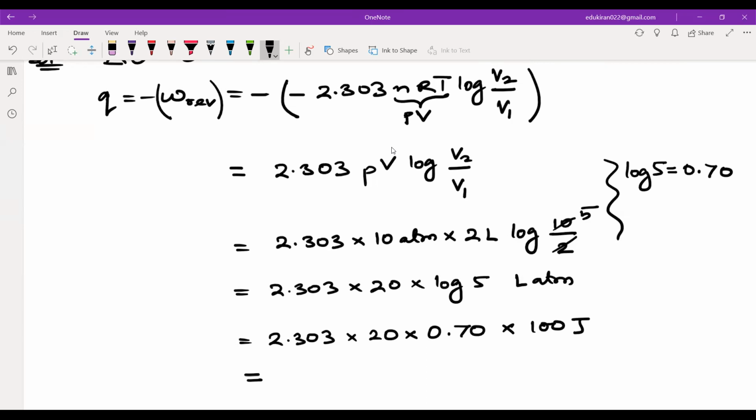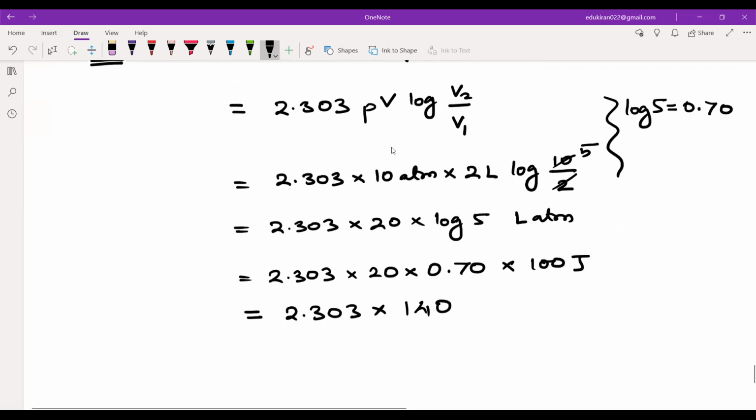So we are exactly calculating the Q, and the work done will be the negative of that Q. It will be the negative of that Q. So this is 2.303 into 7, 2 7s are 14. I think it will be 140 joules. Oh, 70 into 20, yes, it is 70, and 20, it will be 1400.